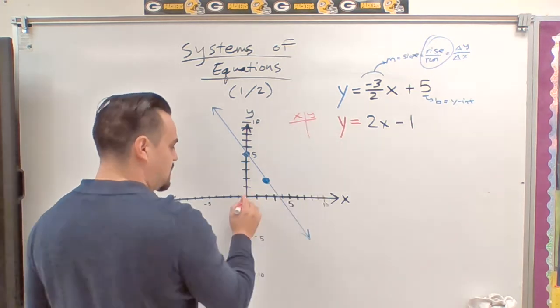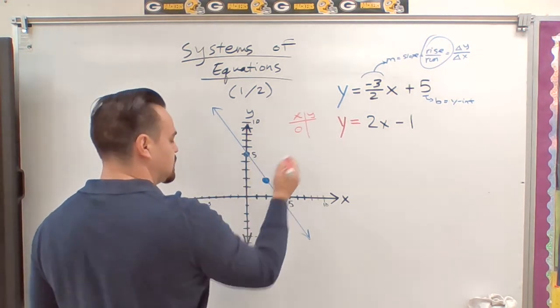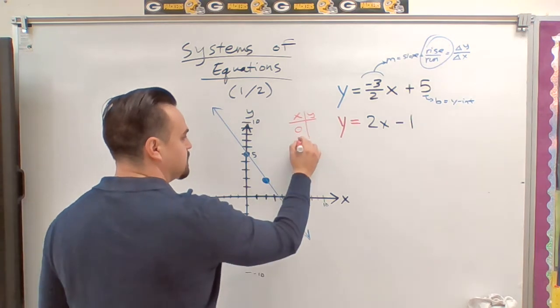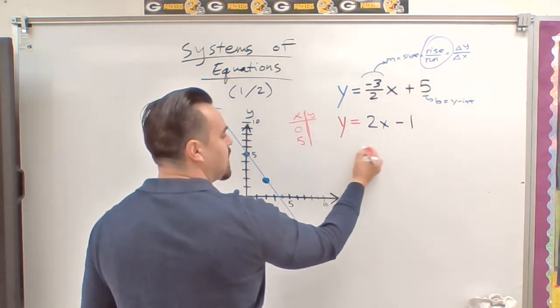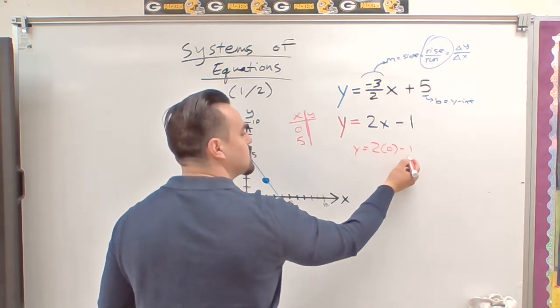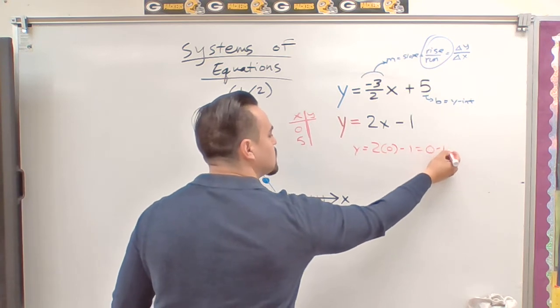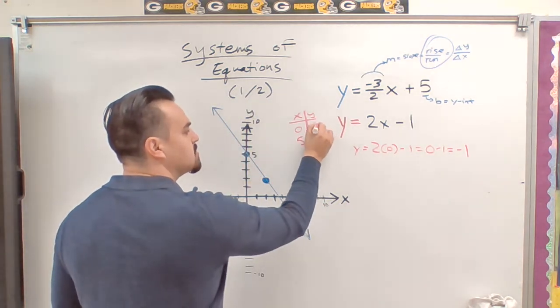So let's do 0, and let's also do 5. When x is 0, what is y? When x is 0, y is going to be 2 times 0 minus 1, which is just 0 minus 1, which is just minus 1. So when x is 0, y is minus 1.